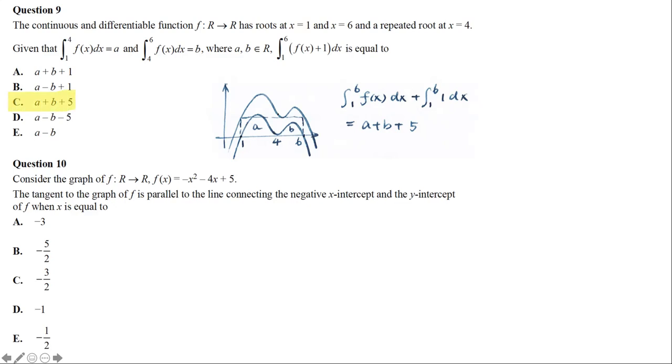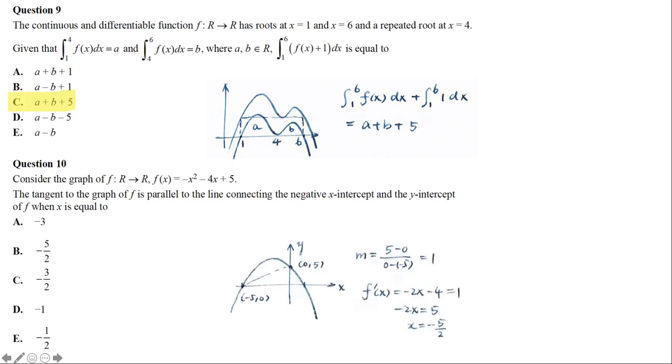Question 10. We have a quadratic graph, f of x equals minus x squared minus 4x plus 5. We want to find the tangent to the graph when it's parallel to the line connecting the negative x-intercept and the y-intercept of f. So what is the x value? If you quickly draw the graph, you will notice the only negative x-intercept is (minus 5, 0), and the y-intercept is (0, 5).